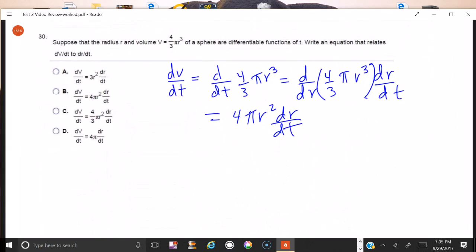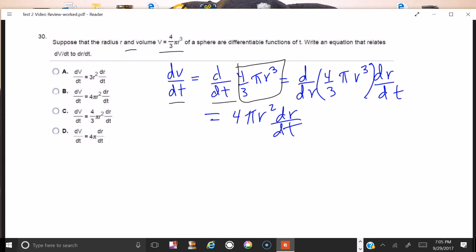Now here's a related rate problem. Suppose that the radius r and the volume of a sphere, 4/3 pi r cubed, are differentiable functions of t. Write an equation that relates dV/dt to dr/dt. Well, dV/dt is d/dt of 4/3 pi r cubed.